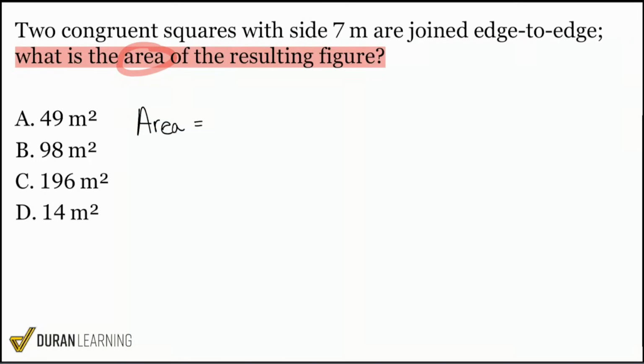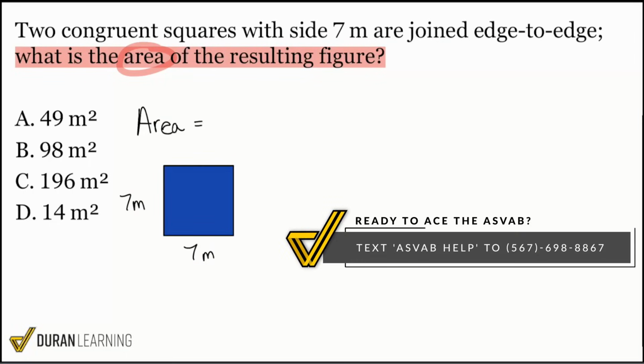But just like the previous question, it says two congruent squares. So congruent meaning the same. So two squares that are the same with a side of 7 meters are joined edge to edge. So when we think about that again, just like we did in the previous one, 7 meters for each side. And again, we have a duplicate of it right over here.